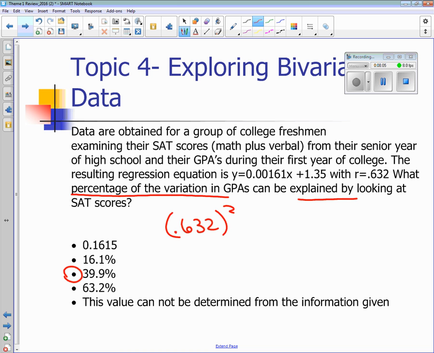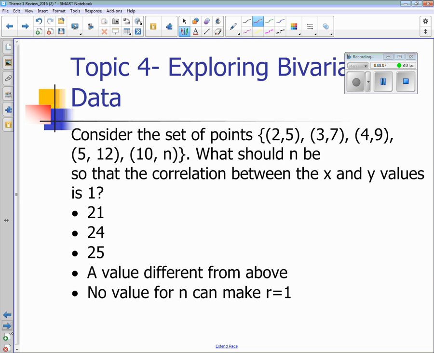Especially with that one log one. By the way, I thought this is an Algebra 1 question, believe it or not. But it's been a while since we've done it. So the answer is no value can make the correlation 1. The answer is the last question.